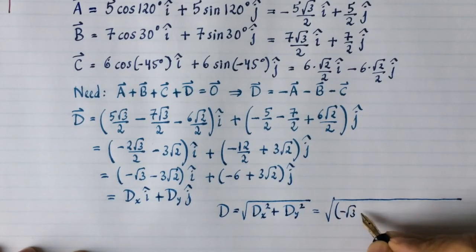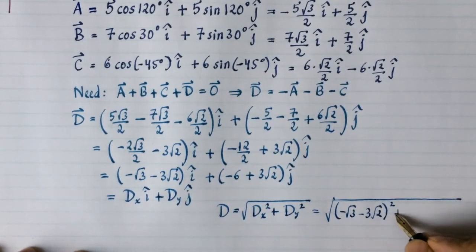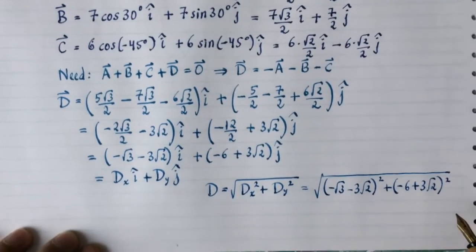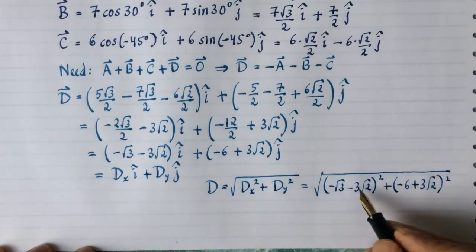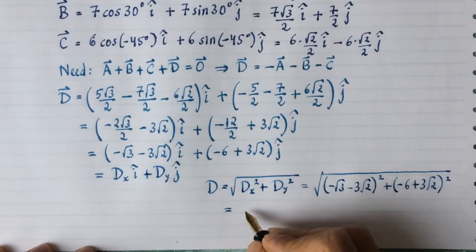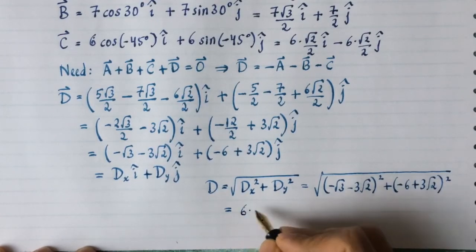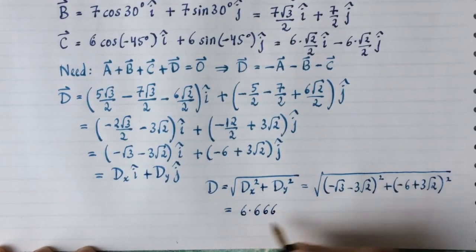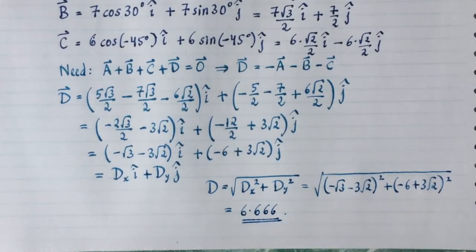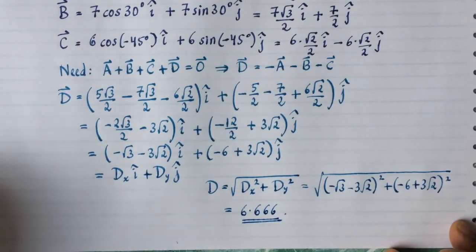Negative root 3 minus 3 root 2 squared plus negative 6 plus 3 root 2 squared. Now these two negatives actually don't matter. I did this in my calculator earlier and it turns out to be 6.666. I swear I did not make up this problem, it just turned out to be that, so don't blame me.